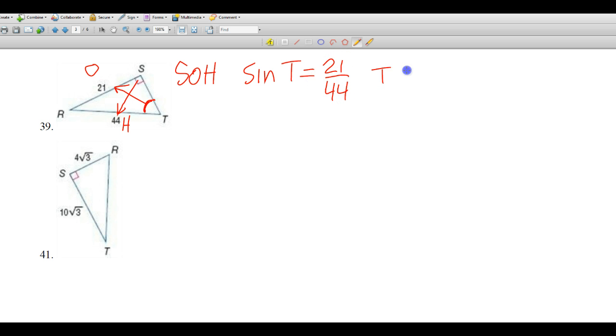Therefore, the measure of angle T will be equal to the inverse sine of 21 divided by 44. And that is approximately 28.5 degrees.